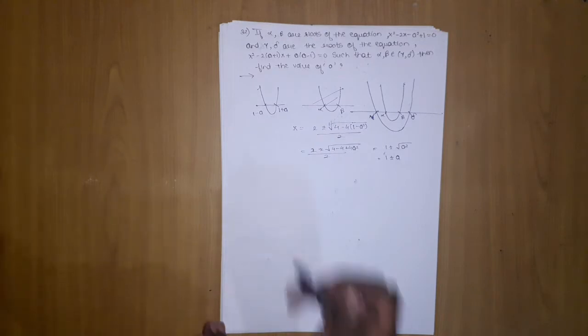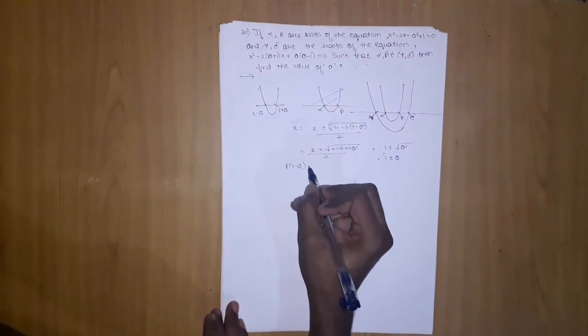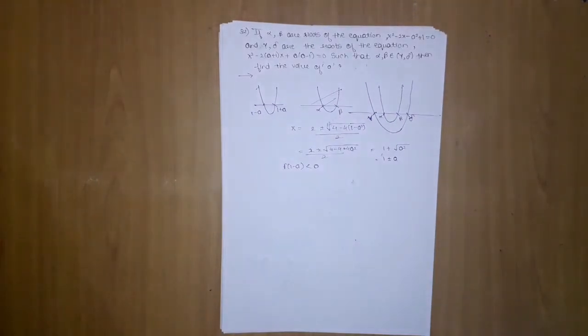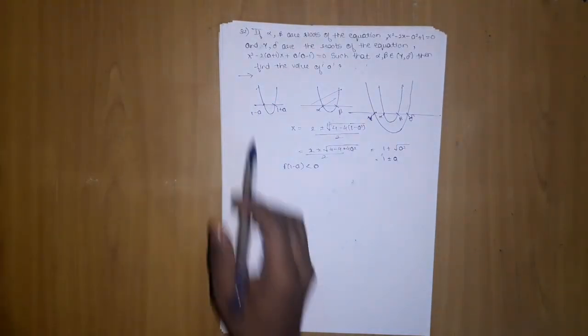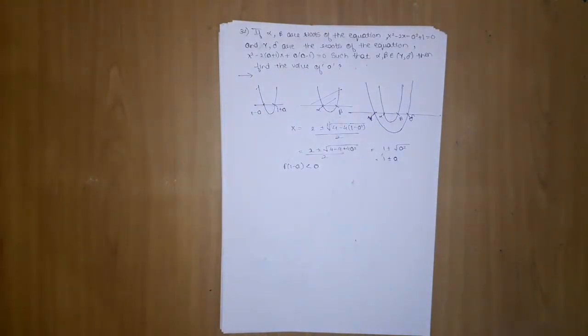Now what is the condition? That f of 1 minus a should be less than 0. But where will we put it? We will put it in here, because it belongs to gamma, delta. In location of roots, they have taught you that if these two roots lie under this, then this is how we can solve them. It is similar, but just to scare you, they have given a quadratic equation whose roots lie in the range of these quadratic roots.